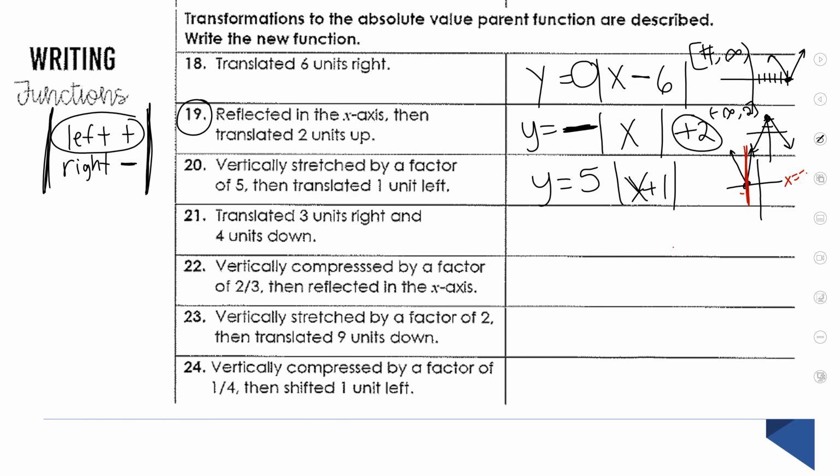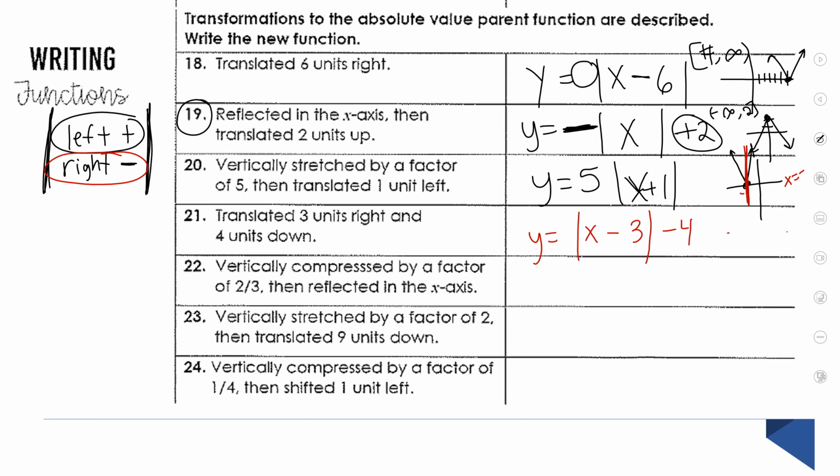Number 21, translated 3 units to the right and 4 units down. So it went to the right 3 units. So inside, I will have a 3. It went to the right. So am I going to use a plus or a minus? A minus. And then it went 4 units down, so minus 4.